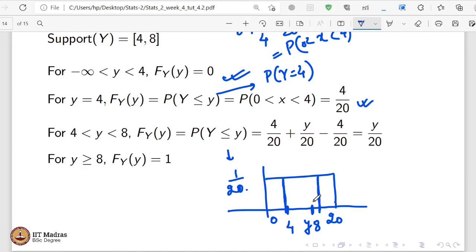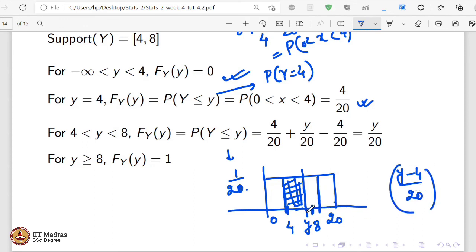So y is some, we can say here or anywhere. So how much will be this area? How much will be this area? Y minus 4 upon 20, right?